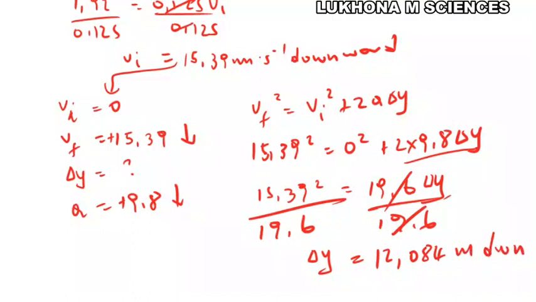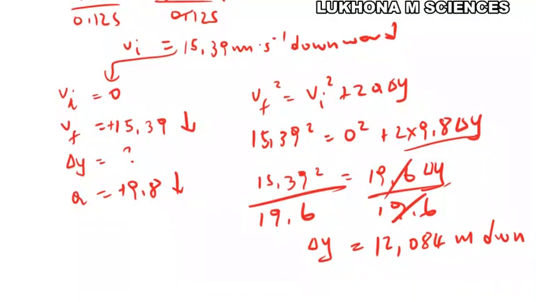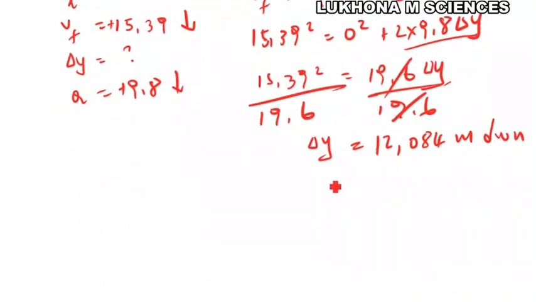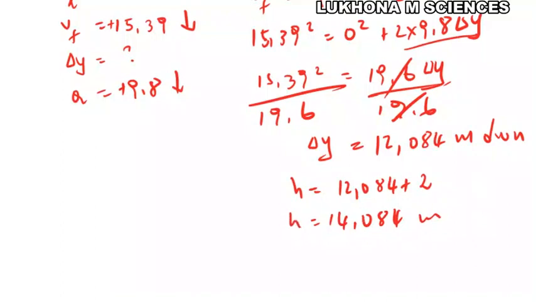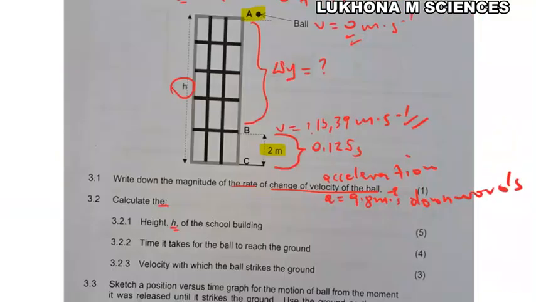Since it is positive, that is downwards. Then the question says calculate height. Height will be equal to 12,084 plus that 2. Then you get 14,084 meters as the height.